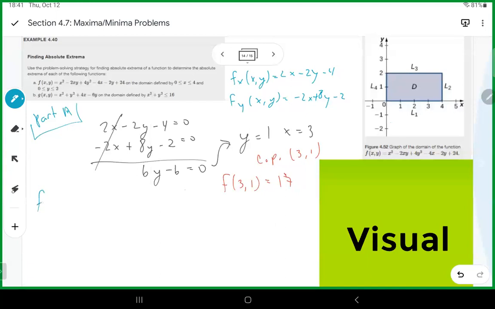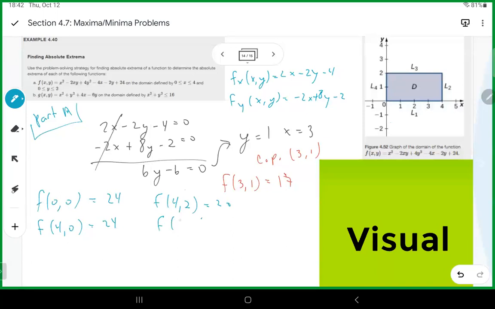you want to find f of (0, 0), which is going to be 24. f of (4, 0) is going to be also 24. f of (4, 2) is going to be 20.